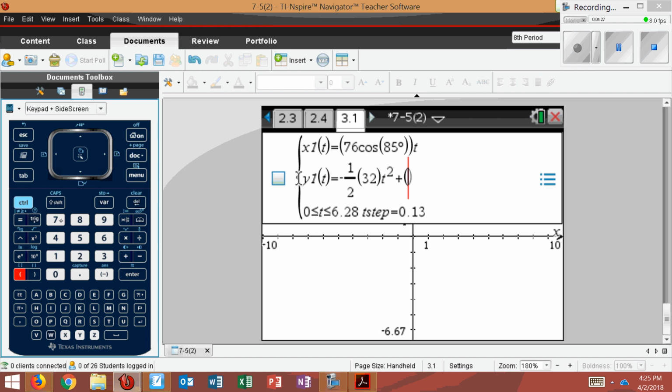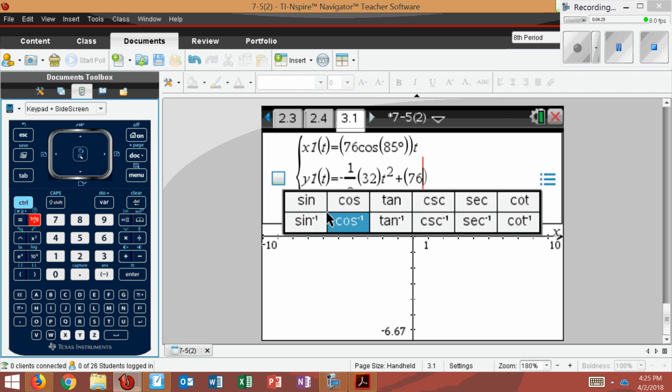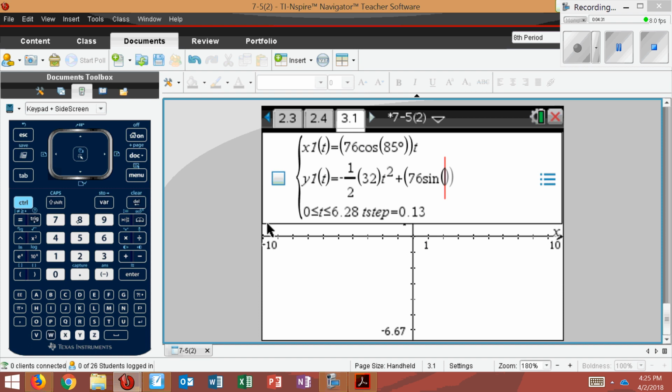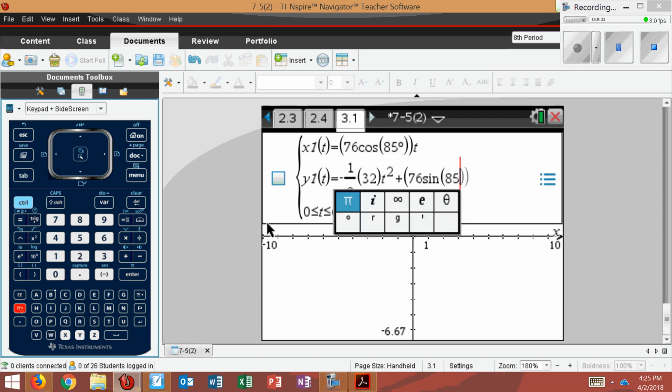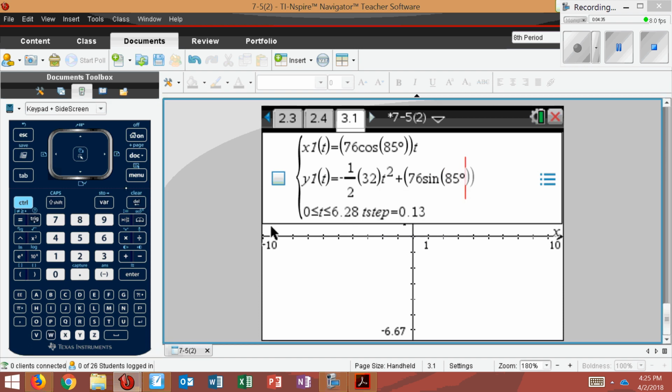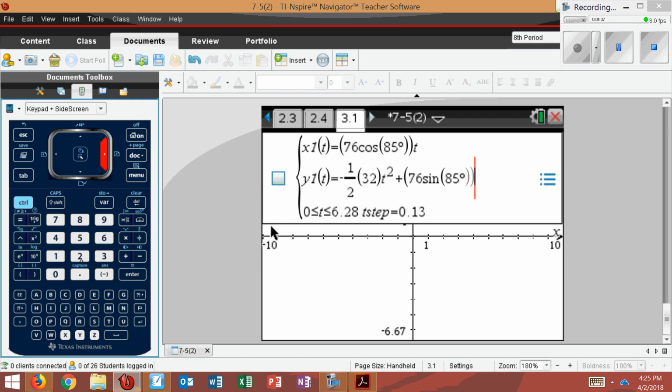It's kind of like right up above, but we change this to a sine because we're now talking about the y value of 85 degrees. And finally, we put the t out there, and then plus the initial height, which on this problem, we were launched from 75 feet up in the air.